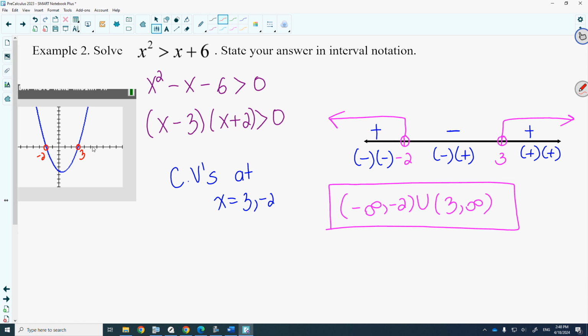So 0 is my x-axis here. This piece of the graph is greater than 0, and this piece of the graph is greater than 0. If I said, what is the domain of this piece? The domain of this piece is negative infinity to negative 2. Union, I need to include the domain of this piece, 3 to infinity. Okay, so that's relating it back to 20-1.